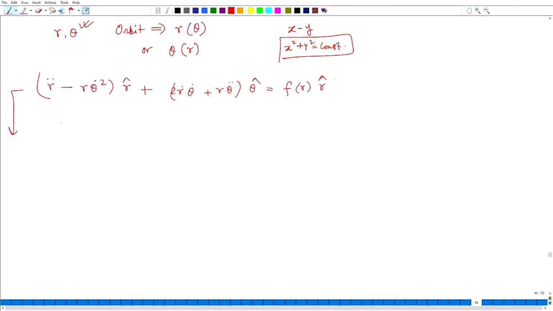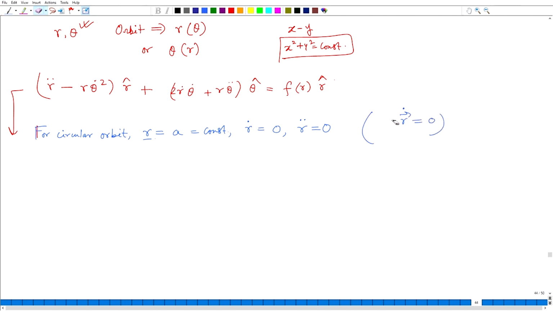So, for example, in a 2D plane if you have a circular orbit, so I can now write for circular orbit, r is equal to a is equal to some constant, that is the modulus of r vector, and r dot is equal to 0, r double dot is equal to 0, but not r vector dot is 0.